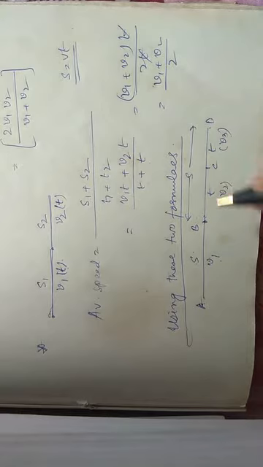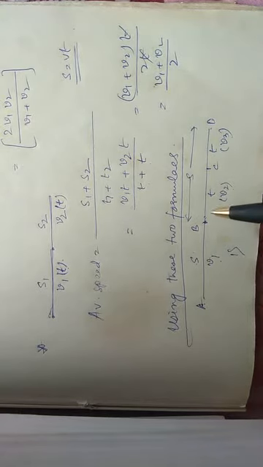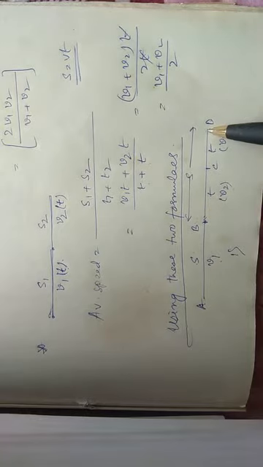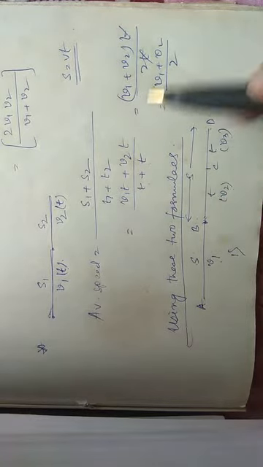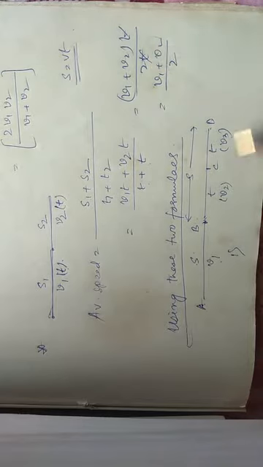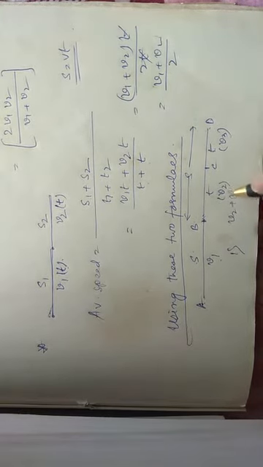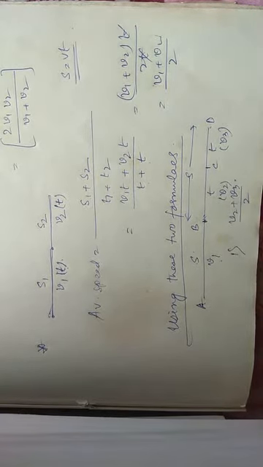So first we find the average velocity for the distance BD by the formula (v1 plus v2) by 2. So it comes out to be (v2 plus v3) by 2, which is equal to v dash.